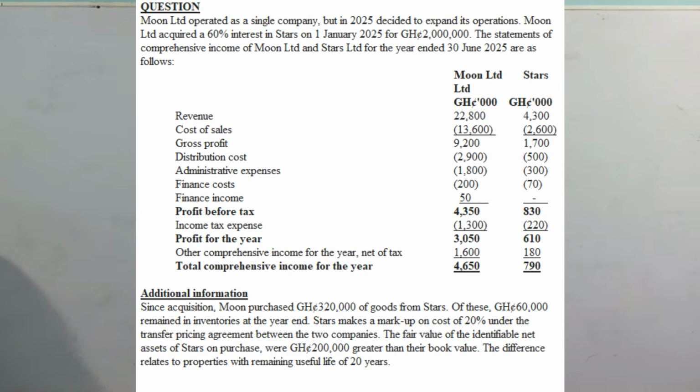Stars makes a markup on cost of 20% under the transfer pricing agreement between the two companies. The fair value of the identifiable net assets of Stars on purchase were 200,000 Ghana cedis greater than their book value. The difference relates to properties with remaining useful life of 20 years. Then we continue.